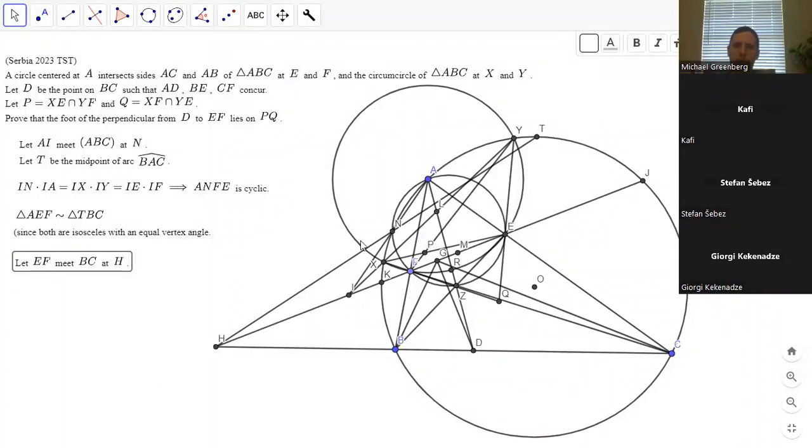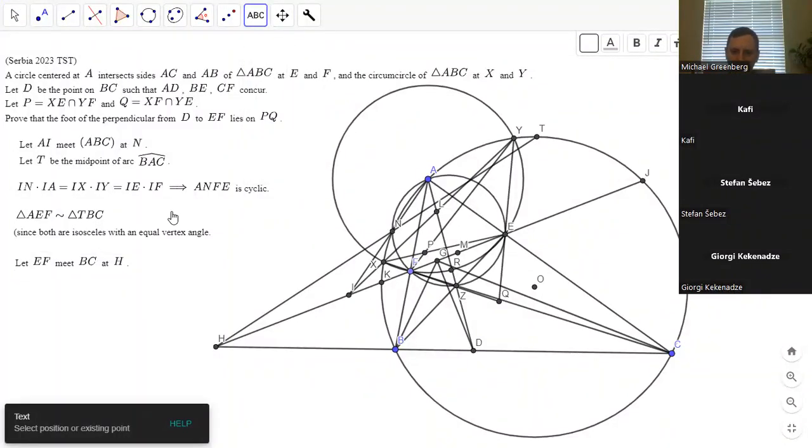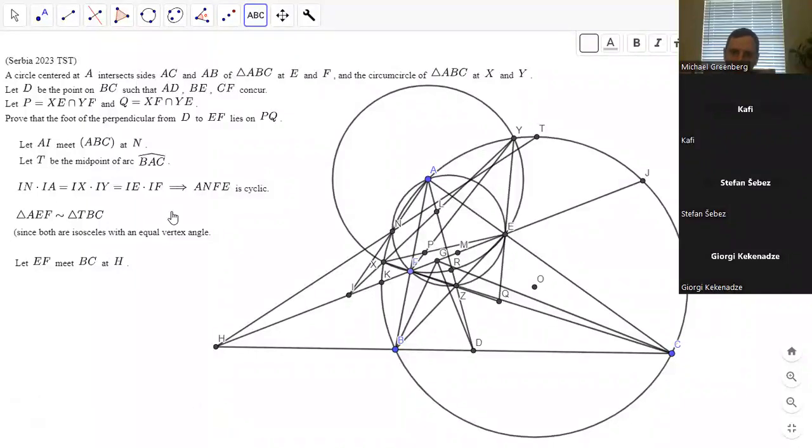Okay, so first we show H, N and T are collinear, and that's true because HBDC are harmonic, and by the spiral similarity, we have that those are similar. Okay, so by spiral similarity, NB over NC is NF over NE.